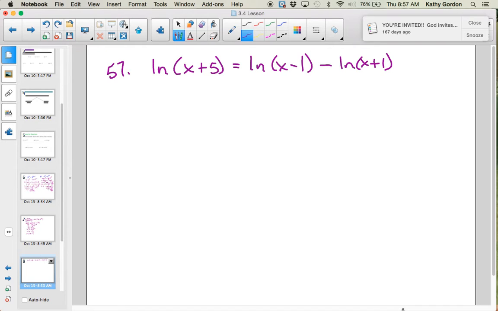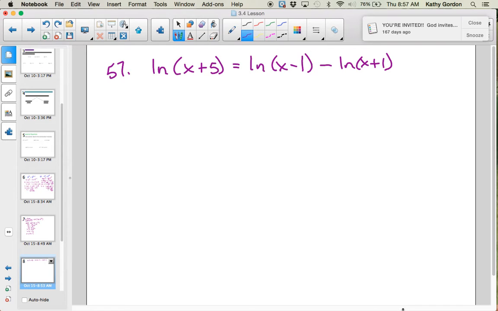So natural log is similar to exponential in that we basically have two ways of going about it. One is to try to set up a one-to-one property, like 59. I got a log of something equal to a log of something. That means the somethings have to be equal to each other. I set that up as an equation, I go with it. Okay?